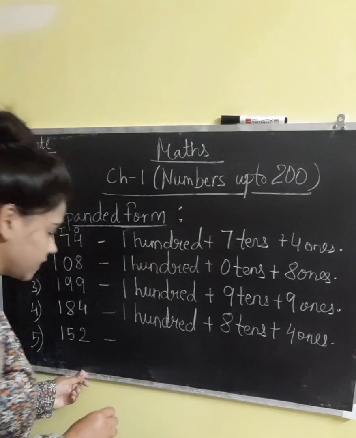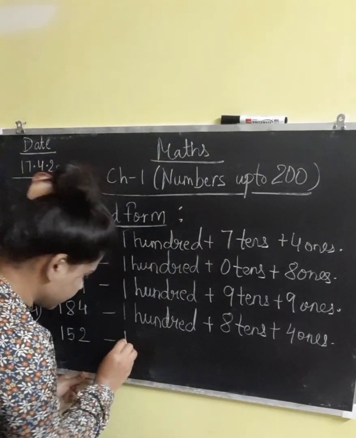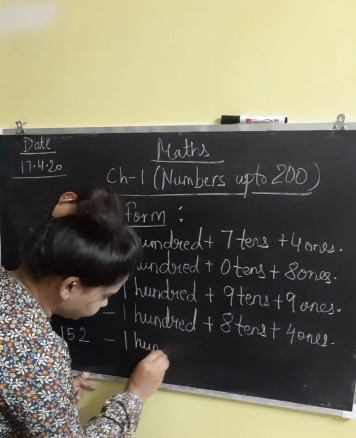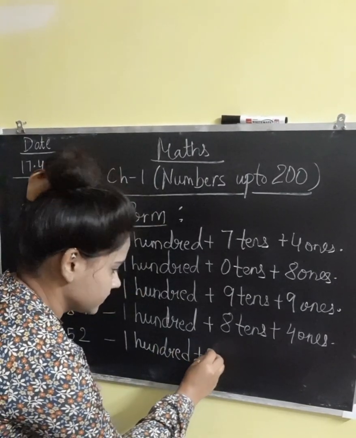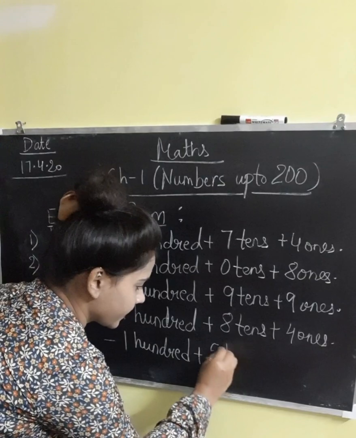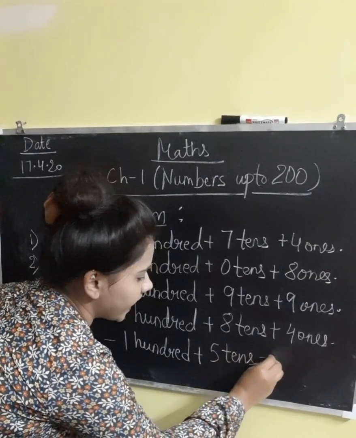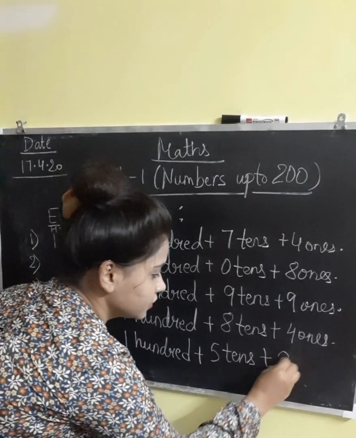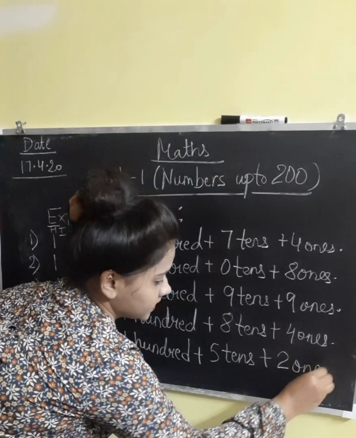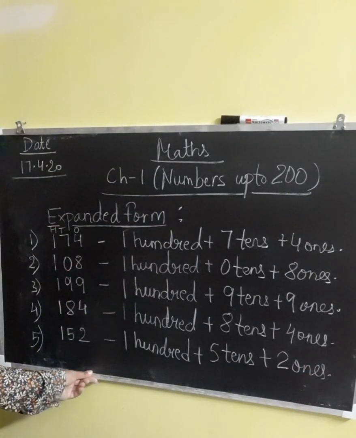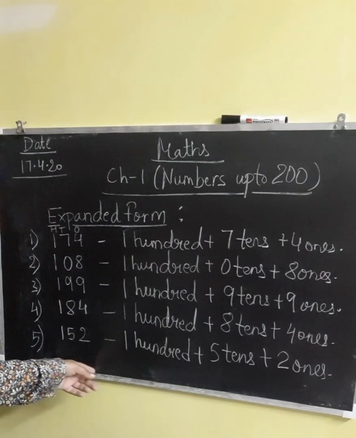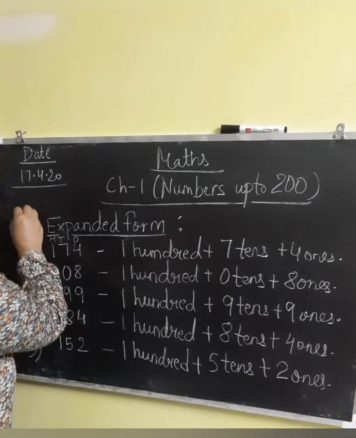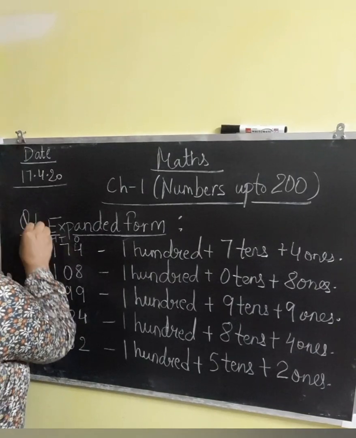So we will write it in the expansion form, which is 100, 5 tens and 2 ones. Okay, so this is the first question. You are supposed to do in your notebook only the first question, question 1, expanded form.